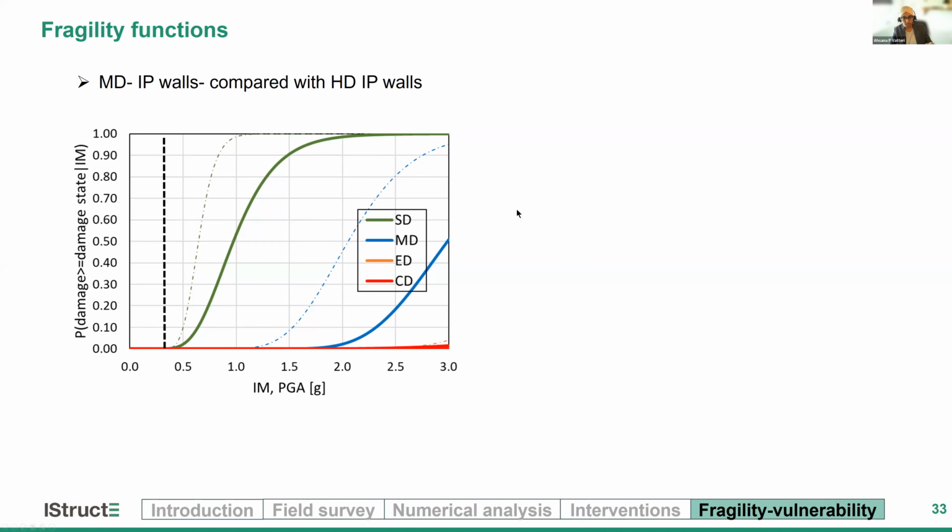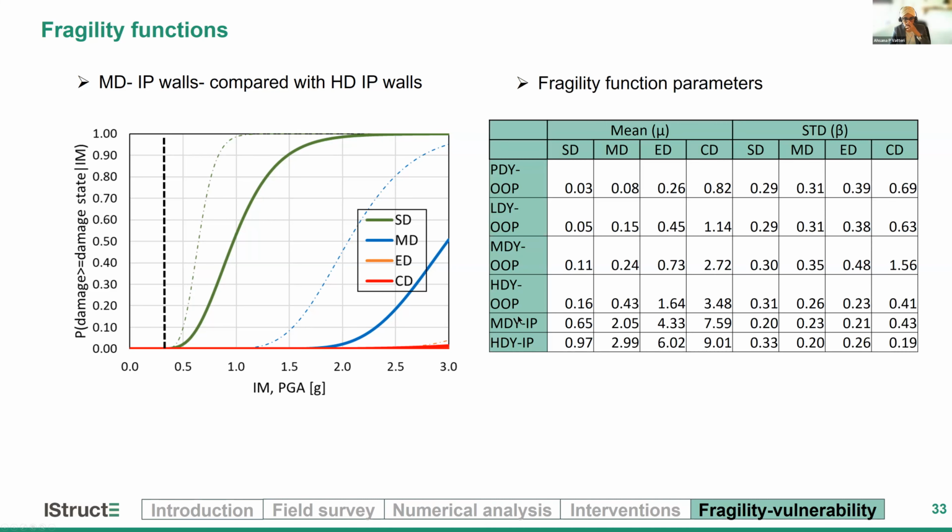However, this is not completely meaningful, because we know from the analysis videos seen before that the out of plane walls would have already gone beyond this damage state, and the entire building may not be useful. So you can see here a compilation of the fragility parameters. As we can see, the mean value of the intensity level corresponding to each of these damage states is improving as we improve the design level.